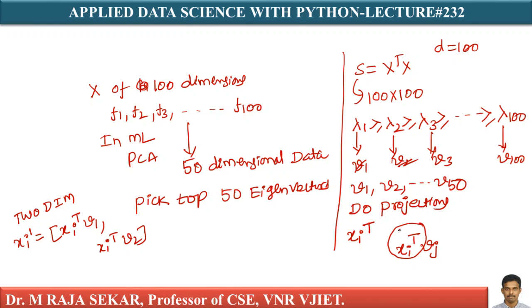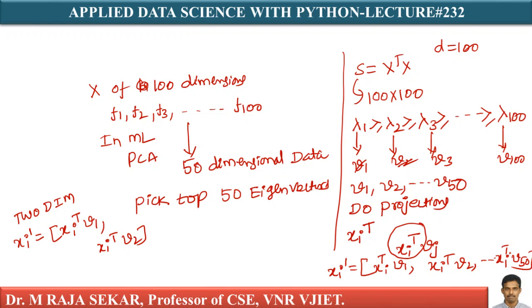If you want to convert into 50 dimensions, your xi dash will be xi transpose into V1, comma, xi transpose into V2, and so on, xi transpose into V50.